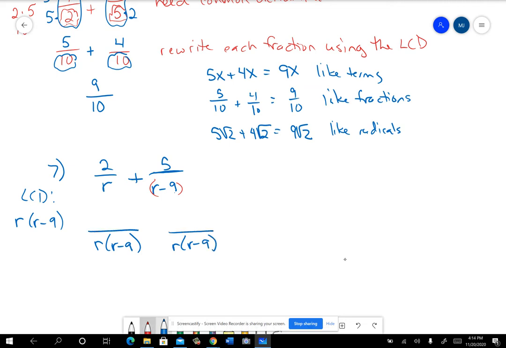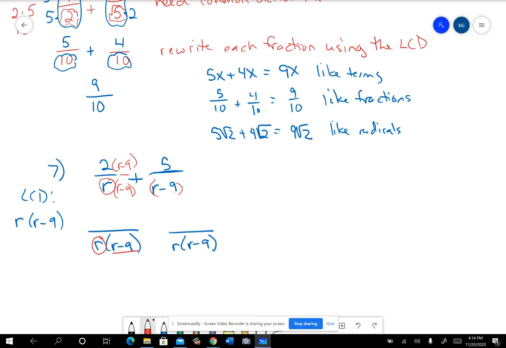Okay, so what I do is I notice that I already had the r here. So I had to multiply by r minus 9. So if I multiply down here by r minus 9, I need to multiply up here by r minus 9. Because then I'm not really changing the size of the fraction, I'm just changing its name.